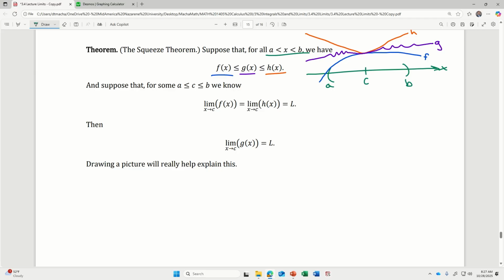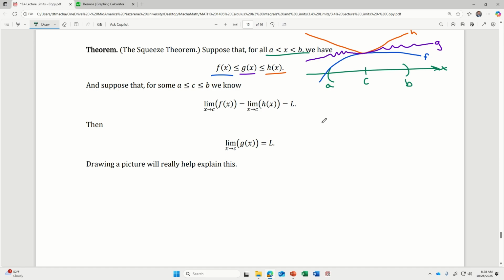So this is the picture that I want you to have in mind whenever anybody mentions the squeeze theorem. Imagine you've got a function on top, a function on bottom, and they're going to squeeze down to the same limit at some point and then diverge again. And importantly, if you know there's a third function, like the purple g function, that's always in between those two, then it has to have the same limit.